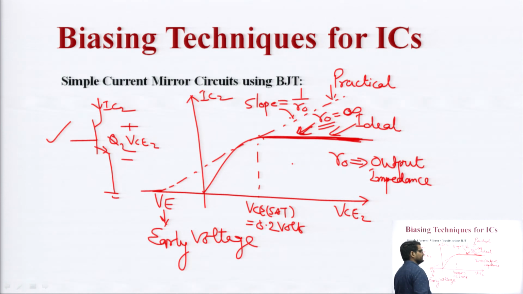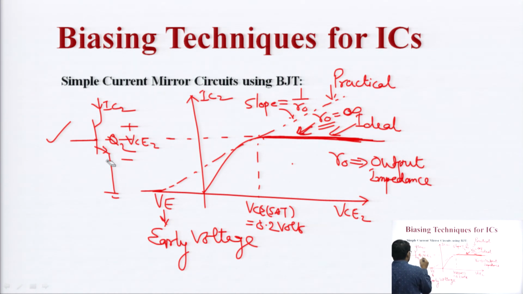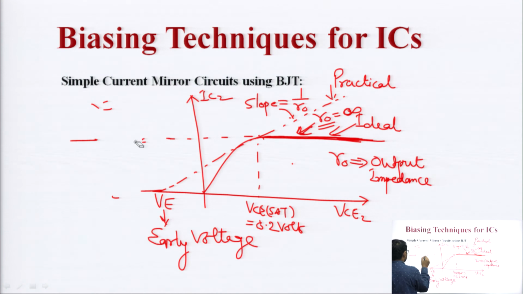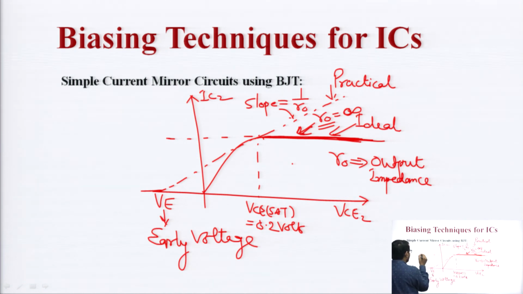Okay. So, if you consider the ideal case, what will be the early voltage for this ideal case? If you draw a tangent for this ideal case, it will cut at the point of minus infinity.